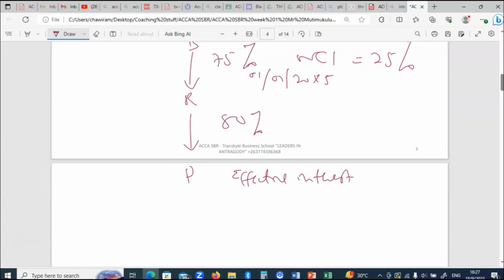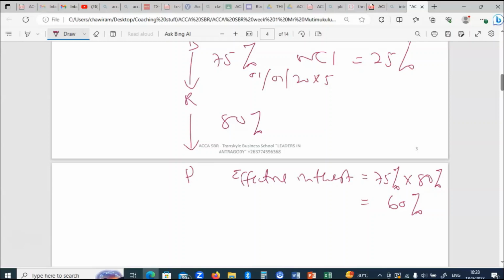The effective interest of Bensot in P, that is in Petrol, is given by 75%, which is the direct control of Bensot in Ridu, multiplied by 80%, which is the direct control of Ridu in P. And then we get 60%.